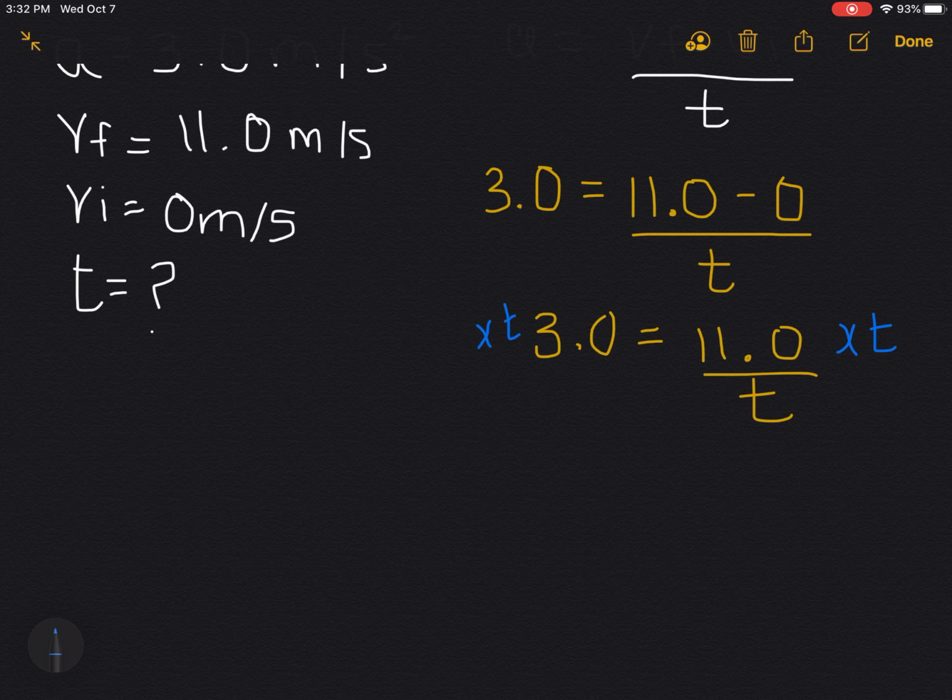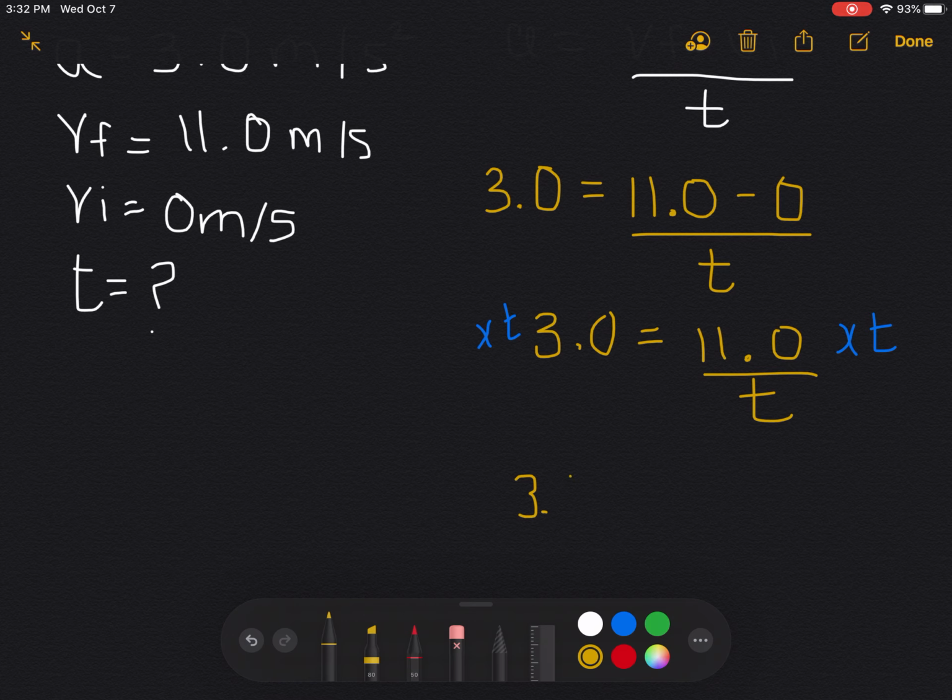Okay? So by doing that, we end up with 3.0 T. When you multiply a letter by a number, you can just write it like this. You don't have to write times T. That is equal to 11.